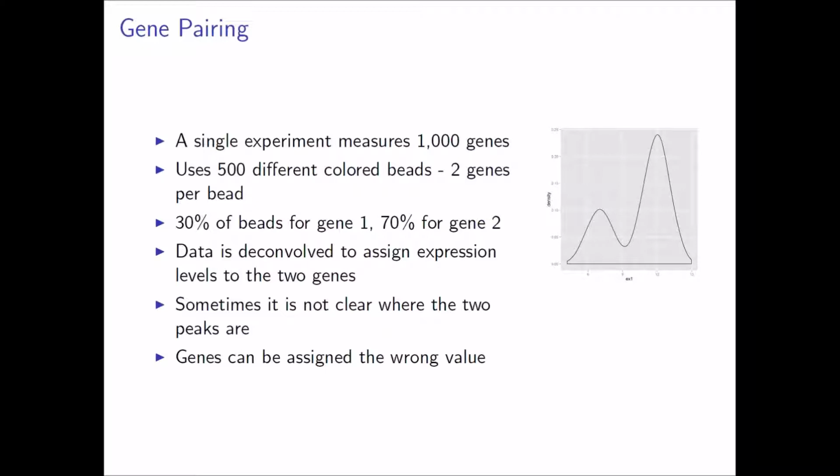Just a quick recap. A single experiment measures 1,000 genes, but it only uses 500 different colors of beads to do that, so each bead does double duty. In general, approximately 30% of beads are marked to measure the expression of one gene, and 70% are marked to measure the expression of a second gene.